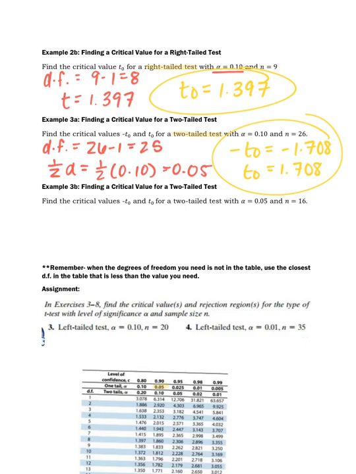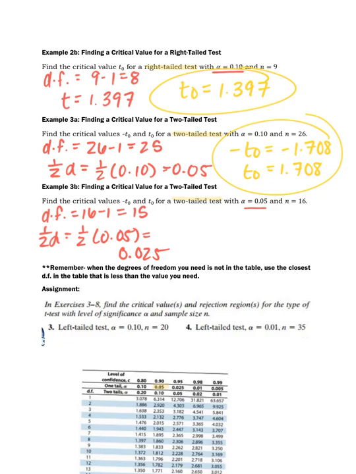All right, last example. Two-tailed test again, and this time we have a 0.05 level of significance. So first, degrees of freedom: 16 minus 1 gives me 15. And then we're going to take half of that level of significance, split it up. Half of 0.05 gives me 0.025.